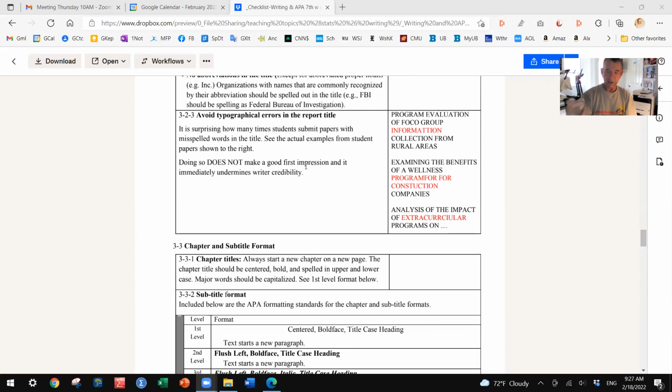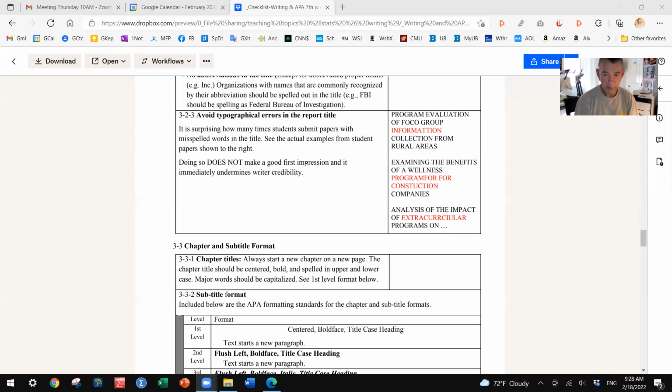and then we can start the abbreviation model that we talked about earlier when we get into the body of the paper. And then just be careful about typos, especially in the report title. It's shocking to me how many people submit papers with a typo in the report title. What am I supposed to think about a paper when it comes in and the cover page has a typo in the title? Immediately, I'm like, oh, this is not going to be a good paper.